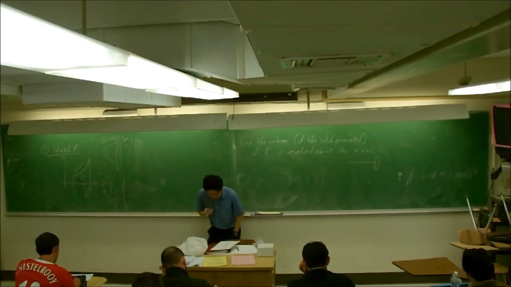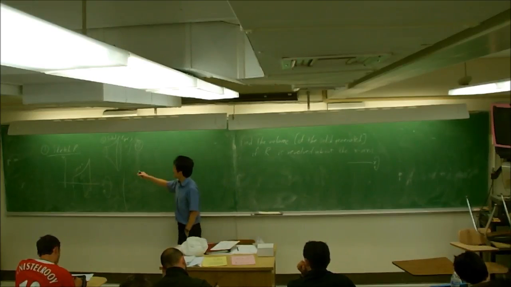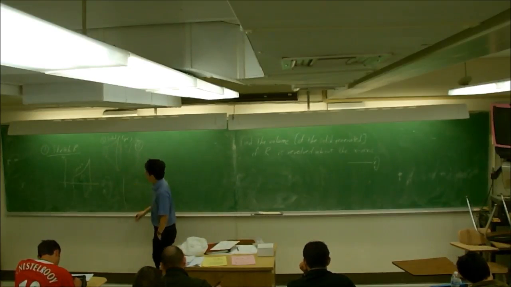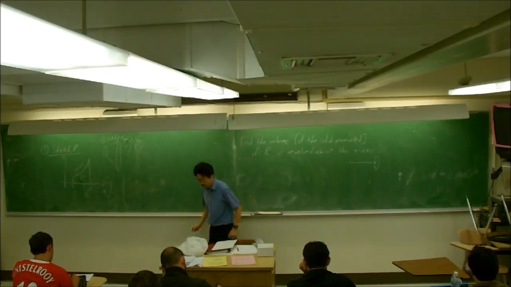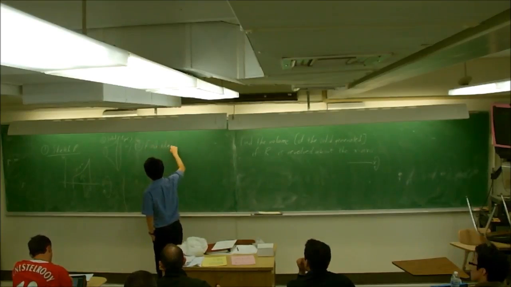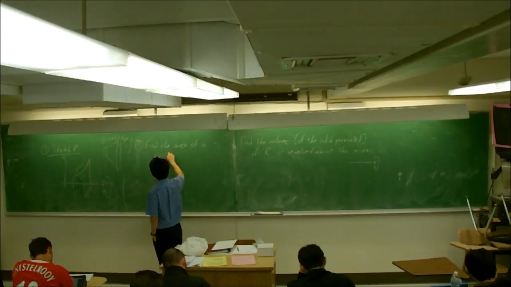All right. Let's see. Now here's the deal. When we do this, it's like we're taking a slicer, okay, and we're looking at cross sections of this solid. What happens if we slice this thing up? All right. So let's find the area of a cross section we get. Find the area of a cross section.